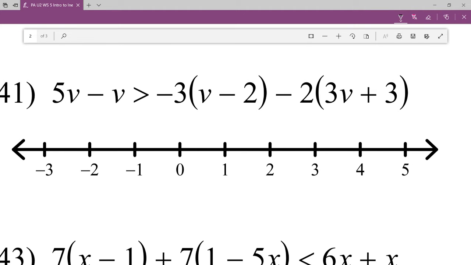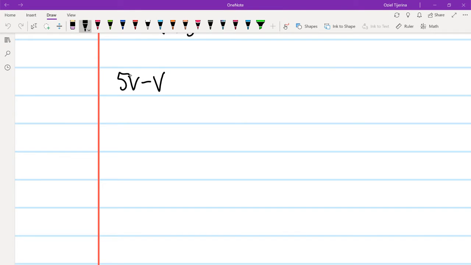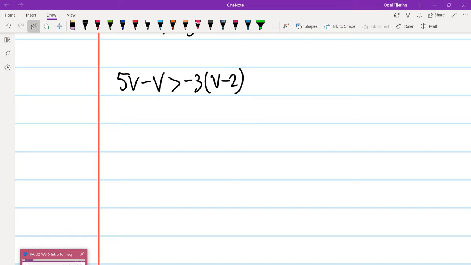Okay, so it says 5v minus v is greater than negative 3 times v minus 2 times 3v plus 3.